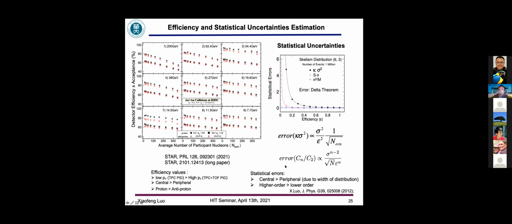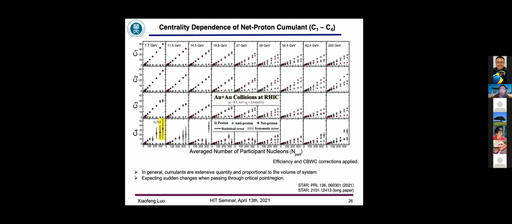The naive expectation is that the error should be proportional to the variance of the net proton distribution, but the efficiency is in the denominator. That means a wider distribution gives a larger error bar, and lower efficiency also gives larger statistical uncertainty. This has been published in a recent long paper we submitted to PRC.